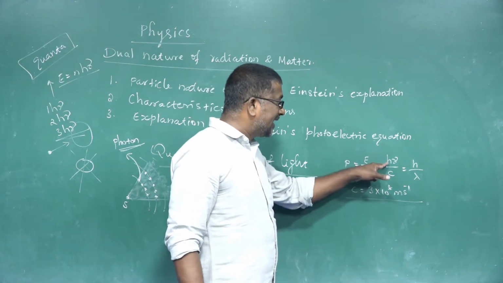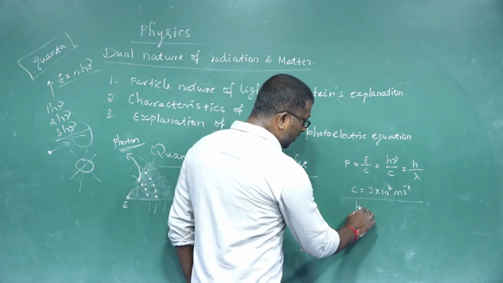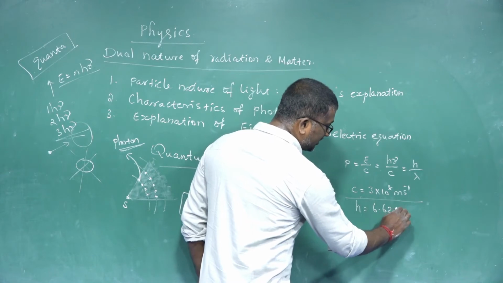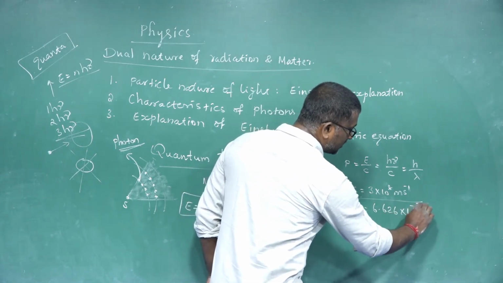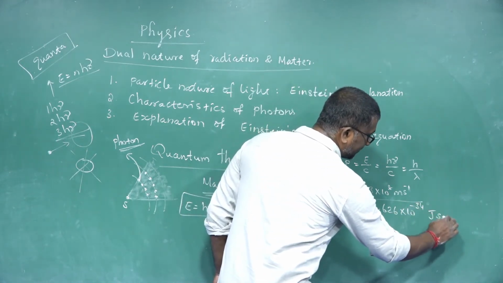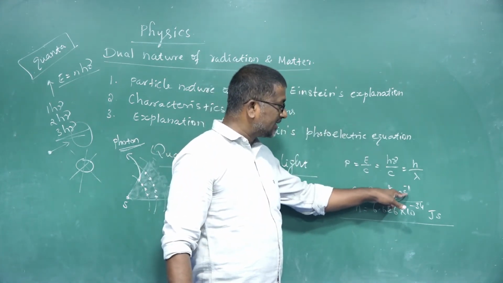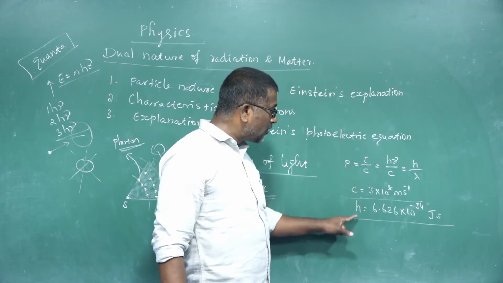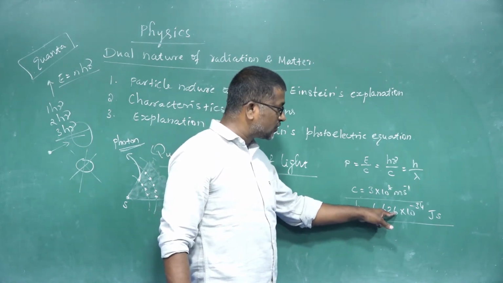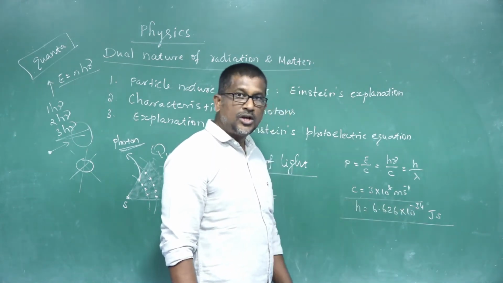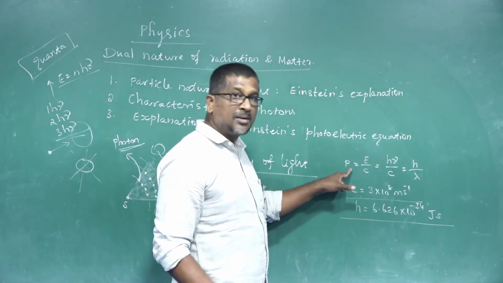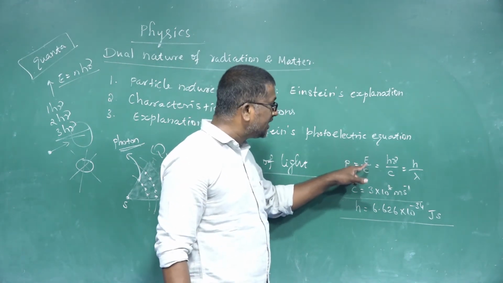And h is Planck's constant. The value of Planck's constant is 6.626 into 10 power minus 34 joule second. So the velocity of light is 3 into 10 power plus 8 meter second power minus 1, the value of Planck's constant is 6.626 into 10 power minus 34 joule second, and the linear momentum of the photon is p is equal to E divided by c.